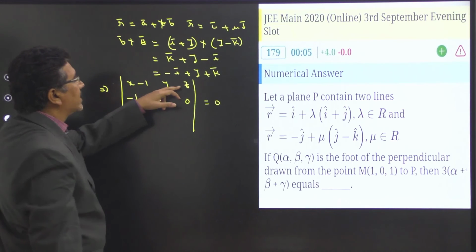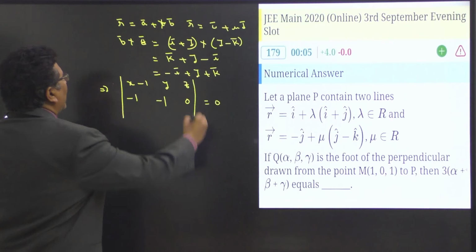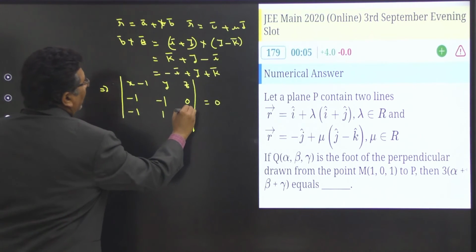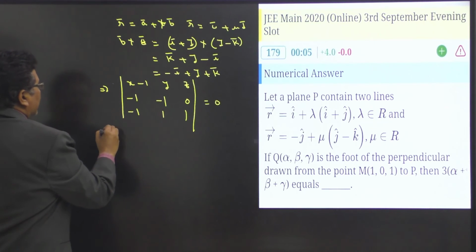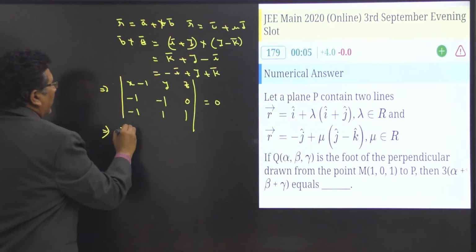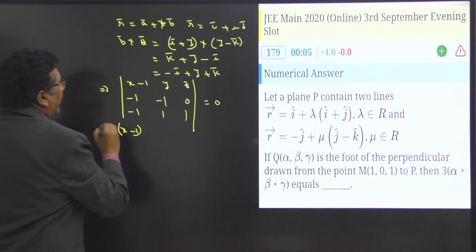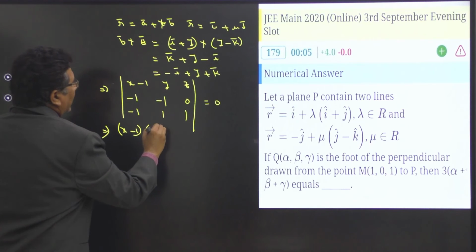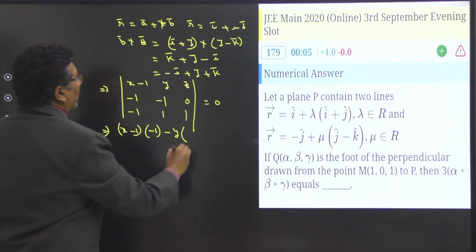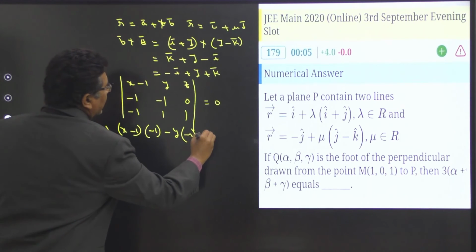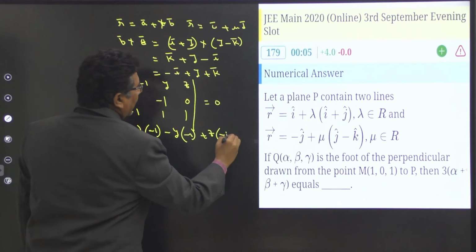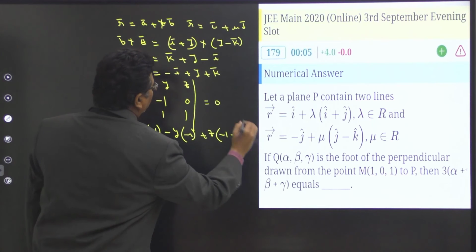Substitute 0, minus 1 and 0. Now the third one is parallel to the vector minus 1, 1, 1, 1. Simplifying this, we get the equation of the plane: x minus 1 into minus 1 into 1 minus 1, minus y into minus 1 into 1 minus 1, plus z into minus 1 into 1 minus 1 minus 1 is equal to 0.